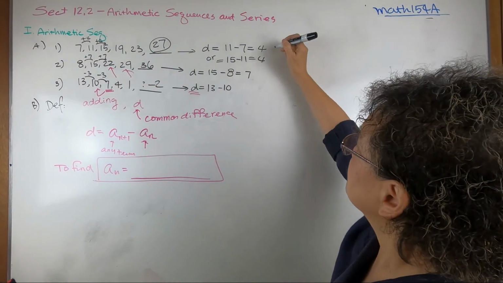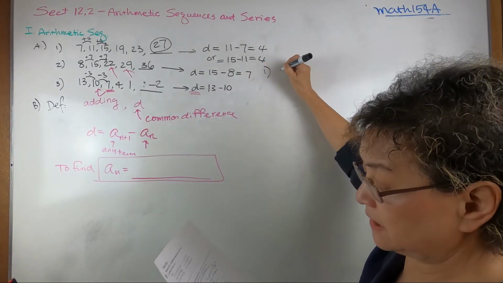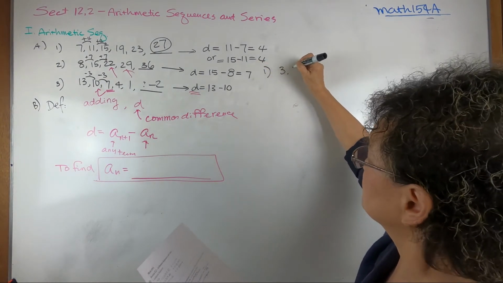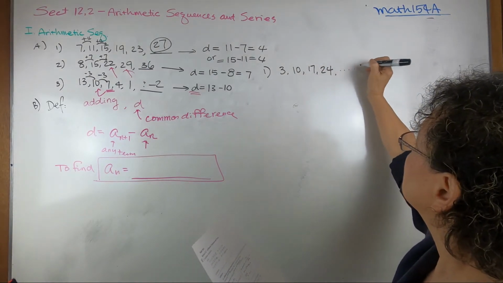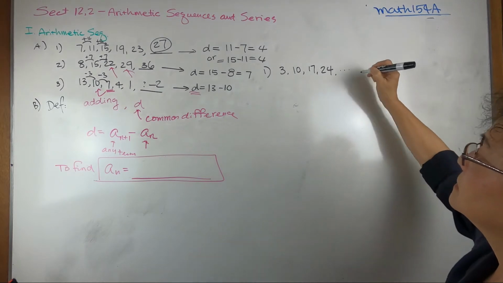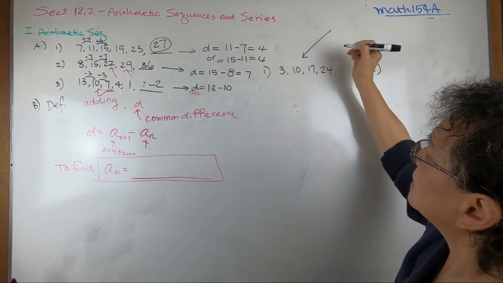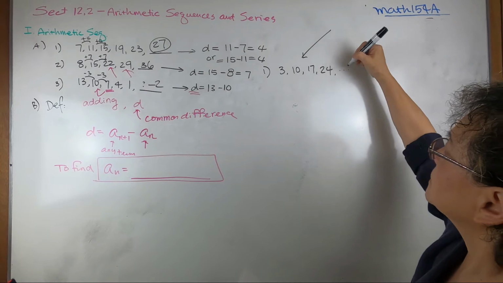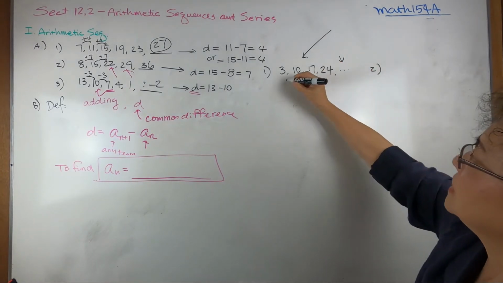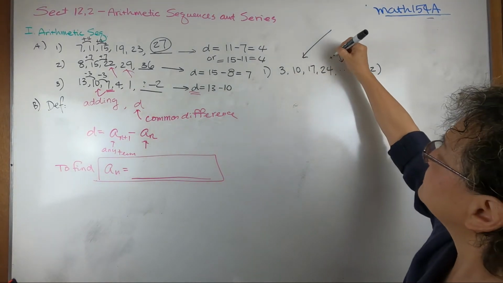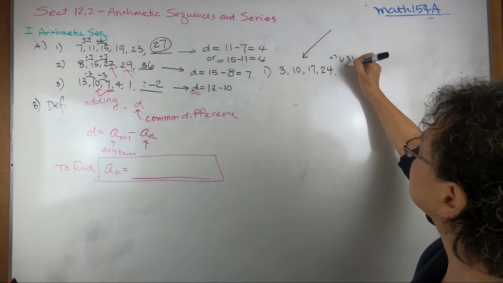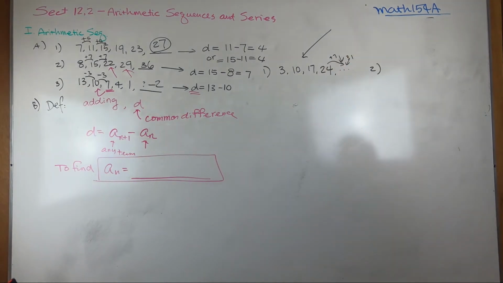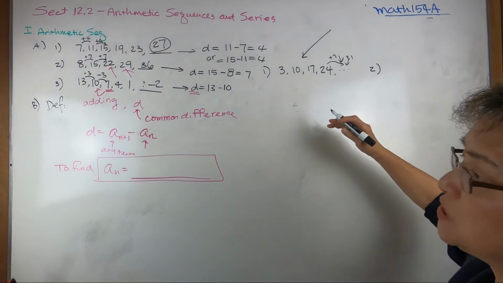Let's compare this way. If we have, say, 3, 10, 17, 24, right? So what do you think the next number will be? By adding what? Adding 7. So this one will be 31, right? Last time we said, how do we write a general term?